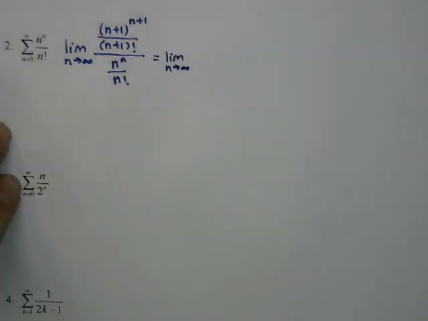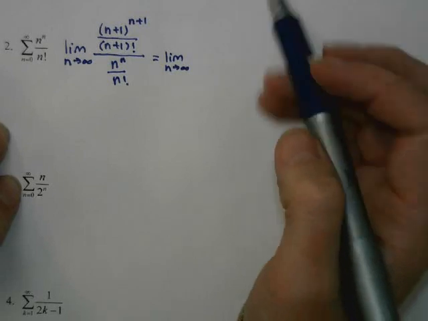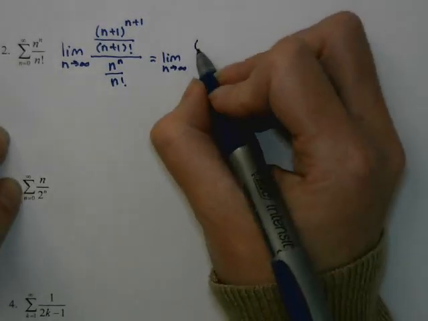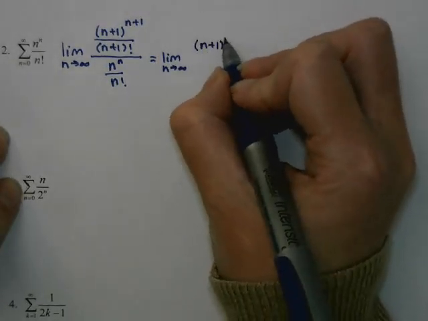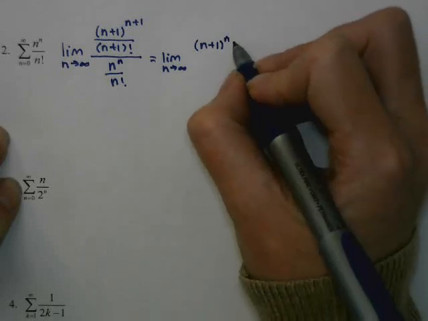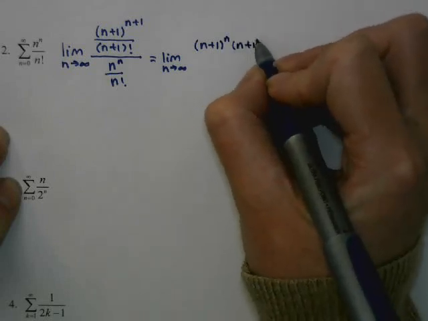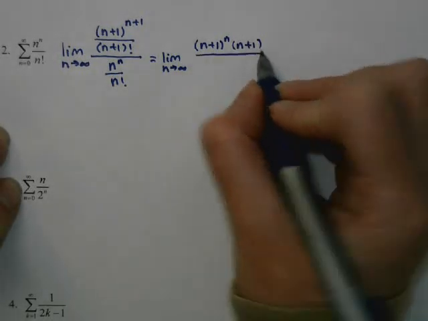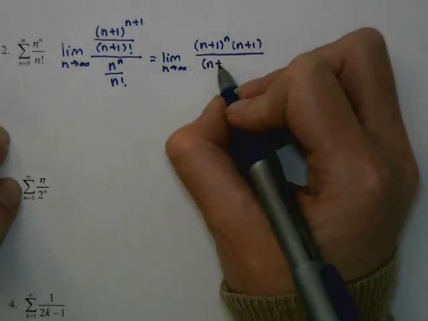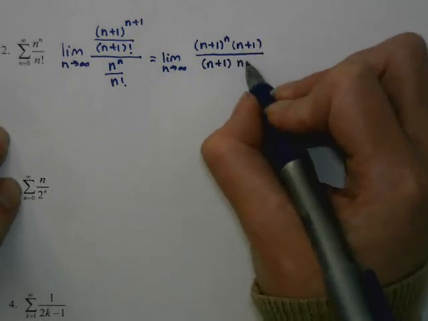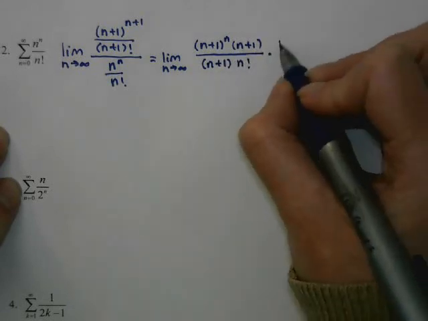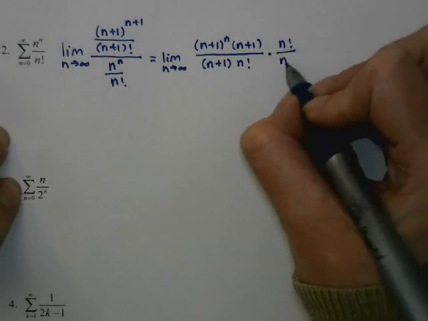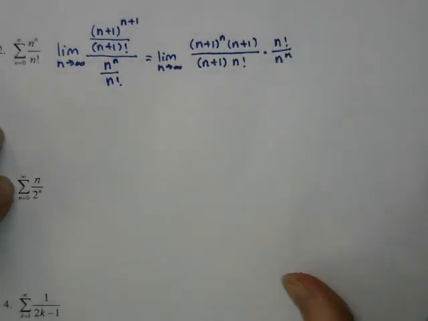All right, so this numerator I'm going to split up just like I did with the 2's. So this will be n plus 1 to the n times n plus 1 to the 1 over n plus 1 times n factorial times n factorial over n to the n.